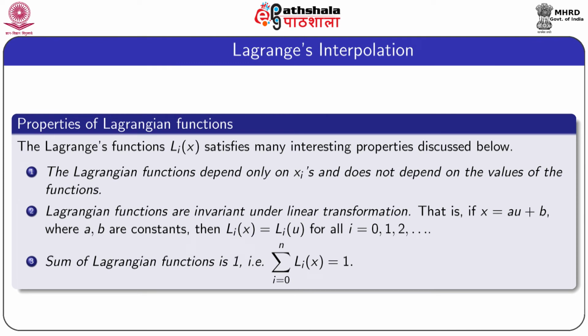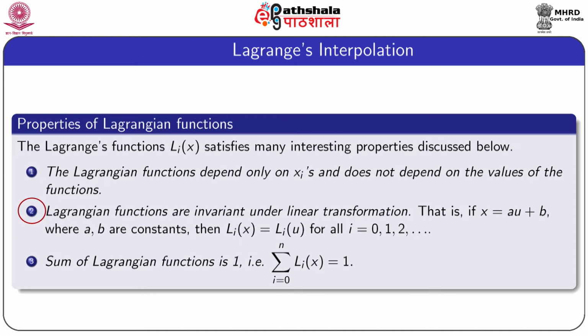Now, we present some important properties of Lagrangian functions. The Lagrange function Li(x) satisfies many interesting properties that are stated below. The first one is that the Lagrangian function depends only on the values of the arguments, that means the values of xi only, but does not depend on the values of the ordinate, that means the values of the function.